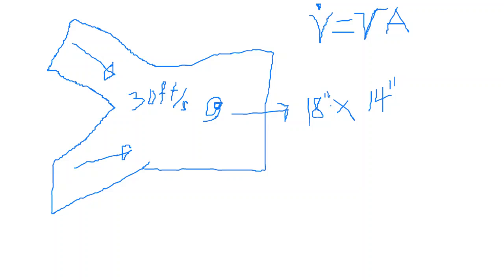What do we need to do to solve for the volumetric flow rate in this area? If the flow coming in this one and this one, it should basically be equal, right? So then what do we do to do that?